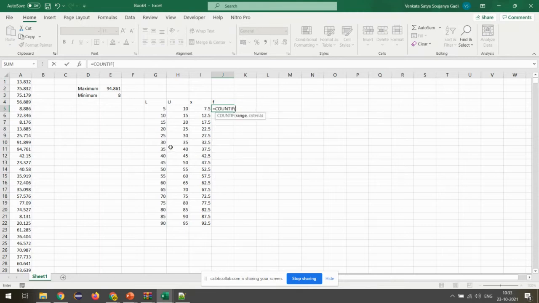If this is a range, we want it less than or equals to this number. So it should be greater than or equals to this number.